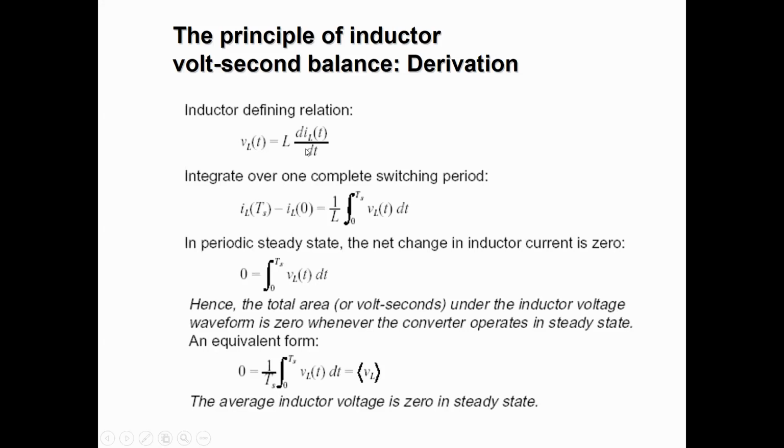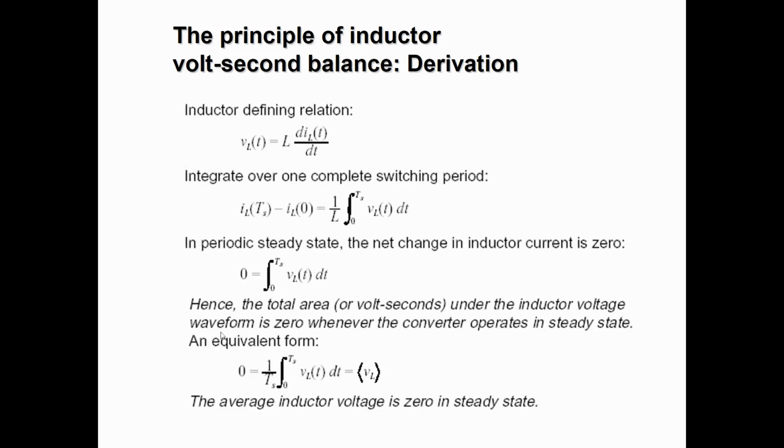So now we can say that the change in the inductor current in a periodic steady state is zero. It means there is no change in the inductor current in a steady state. So we can say that dIL divided by dt is zero.